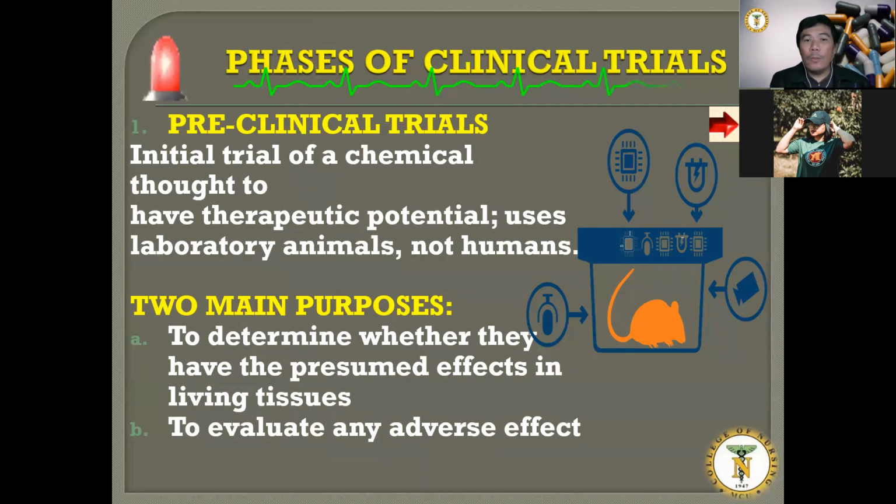We have the presumption that the effect of any drug being tried on laboratory animals may have the same probability or effect on humans. And usually these are also observed in laboratory animals for any adverse effect. So that's why usually rats po ang ginagamit for preclinical trials.